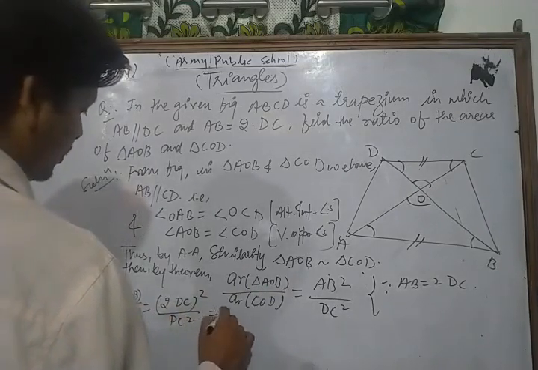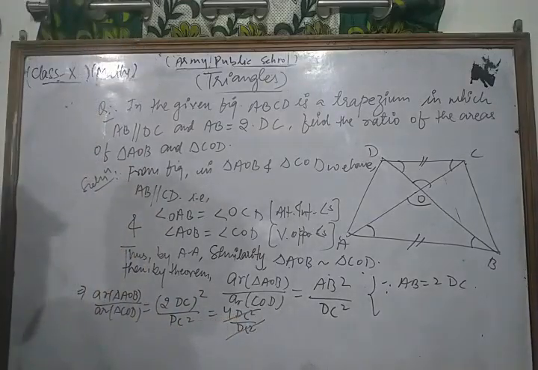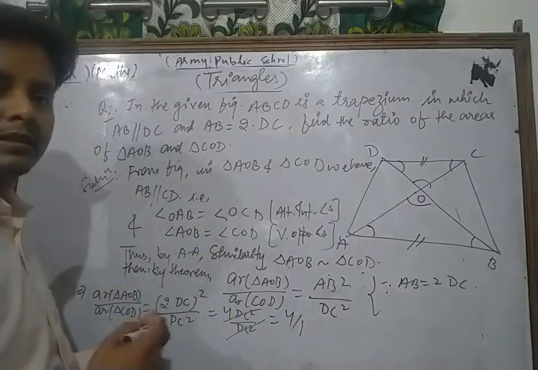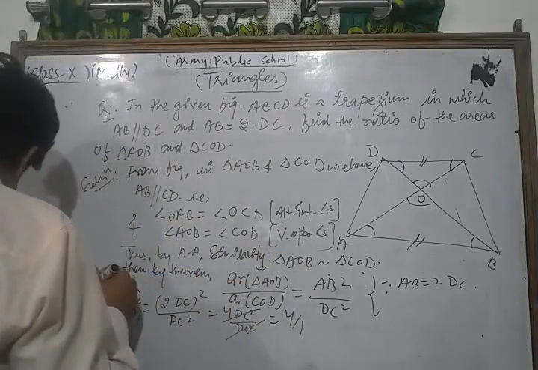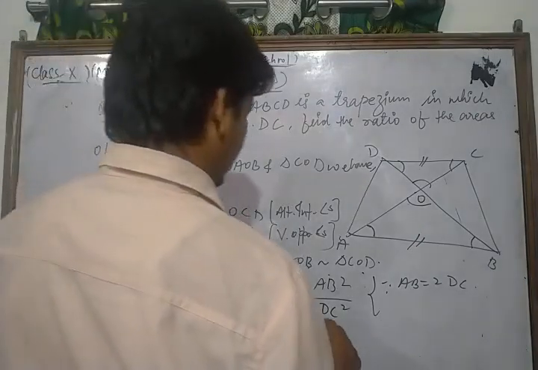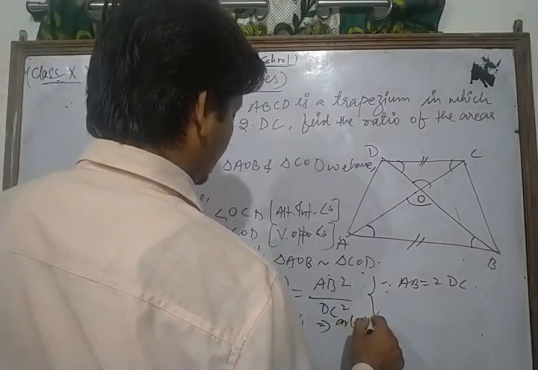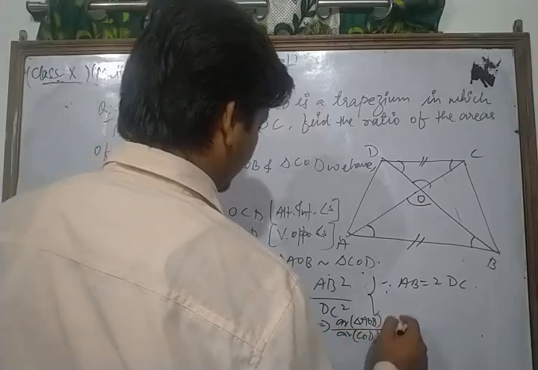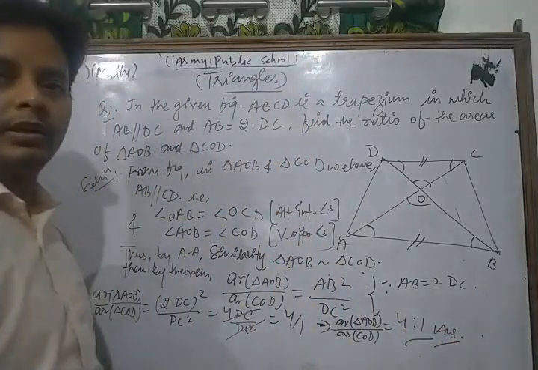That is 4 DC square upon DC square, which cancel to each other, so we have 4 upon 1. Thus the required ratio of area of triangle AOB to area of triangle COD is 4:1. This is the required solution of the given question.